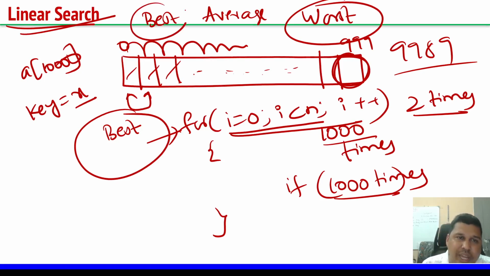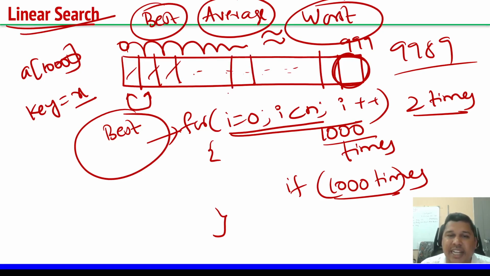The best case is okay. The average case is again similar to the worst case only. Suppose in this array of 1000 elements, the element which I am finding is at the 700th location. That is kind of worst case only. So we can see this as only two cases, the average and worst combined together.